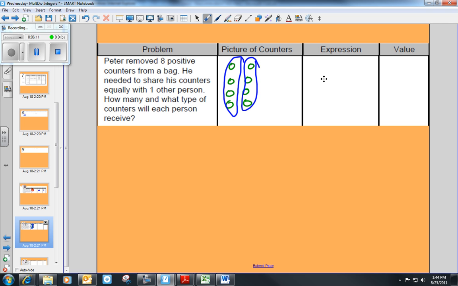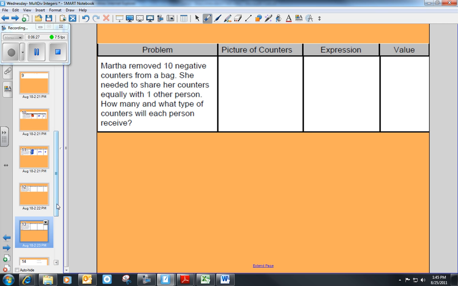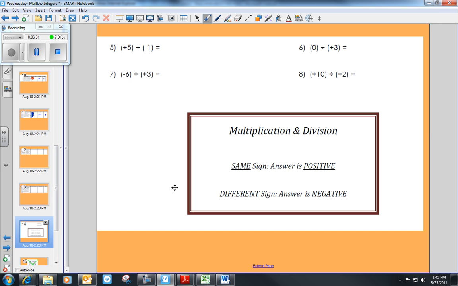The expression is going to be 8 counters that are positive divided by 2 people will be a positive 4. I'm going to have you do 12 and 13. I'm sorry, the next 2 examples I want you to do on your own. And then finally, I want you to try 5, 6, 7, and 8 on your own.